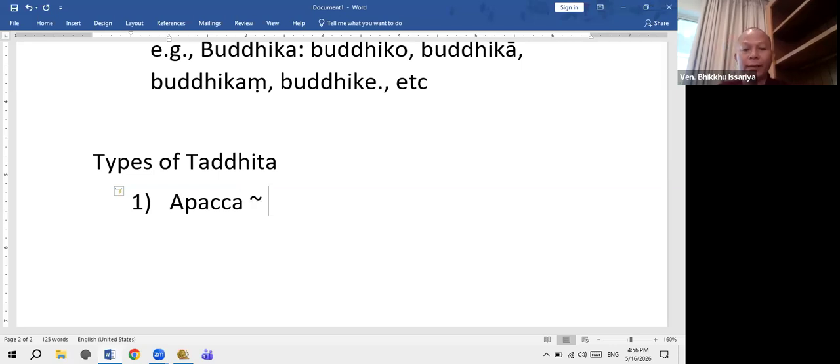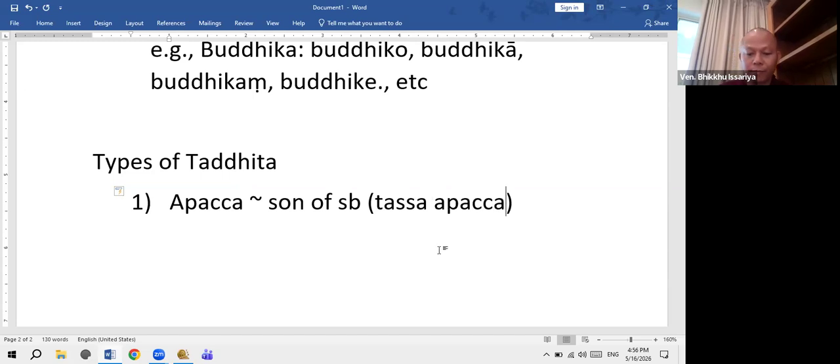The meaning of Apacca is son of somebody. In Pali we can say Vasitthassa apacca, or something. So that is Apacca.